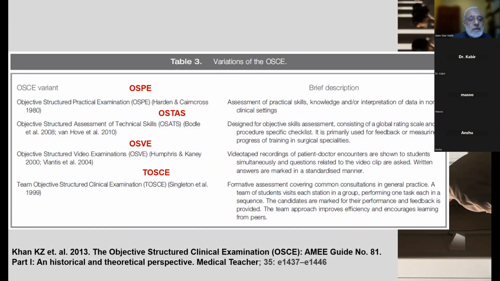OSVE is an objective structured video examination, where videotaped recordings of patient-doctor encounters are shown to the students, and they are asked to identify the problems or the good points in those videos.